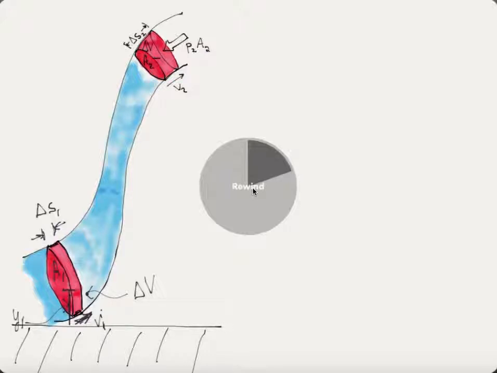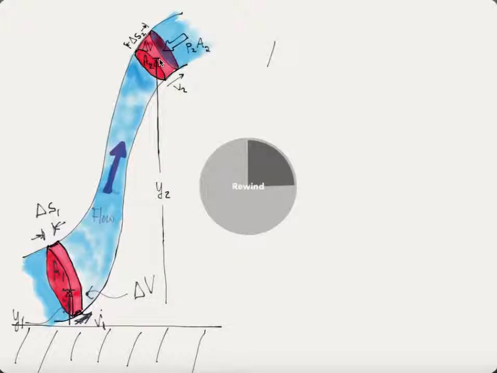So let's just continue right on. So this thing is going to have a certain height associated with it, and this is going to be Y2. So we have Y1 and we have Y2. It's going to flow in this direction. So this is the direction of flow.